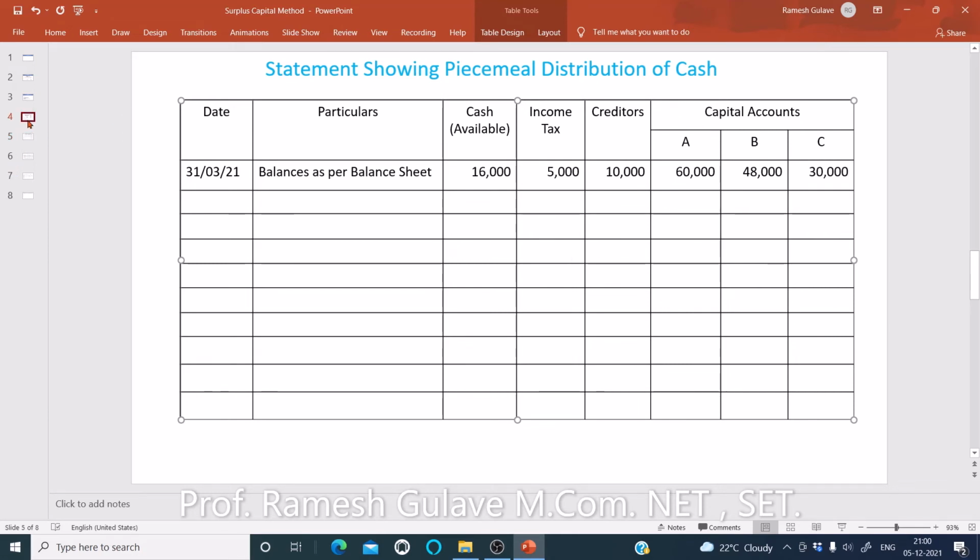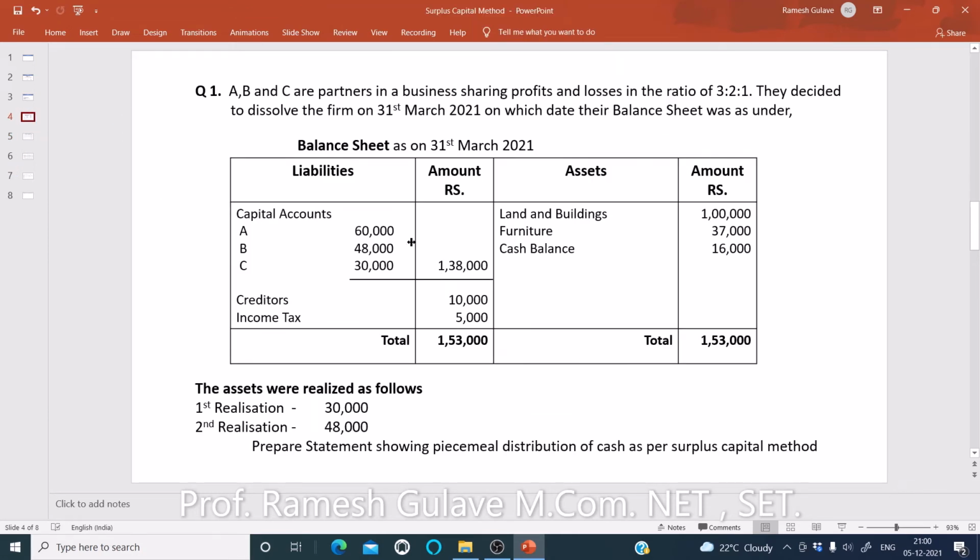Right? So see friends, we have recorded all the balances as per balance sheet: A's capital 60,000, B's capital 48,000, and C's capital 30,000, then creditors and income tax. Right?